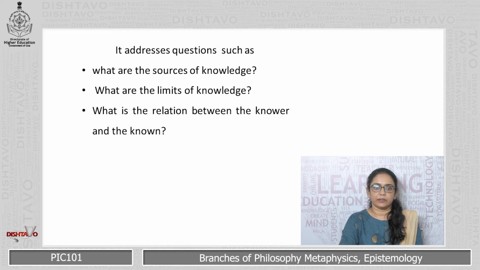Coming to the question, what are the limits of knowledge? To what extent, whether the knowledge achieved is limited or unlimited. The next question is, what is the relation between the knower and the known? That is, how there is a connection between the subject and the object.